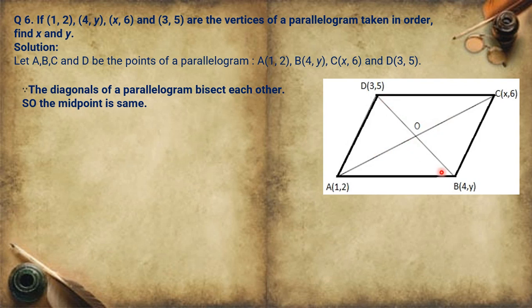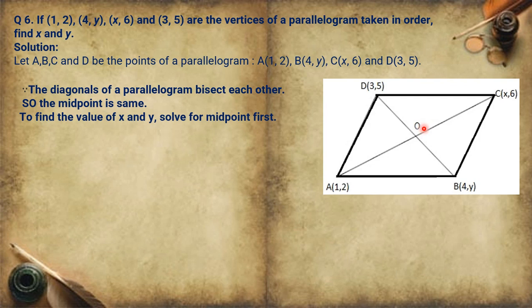Simply we can say the coordinate of the point O is the midpoint of AC as well as the midpoint of the diagonal BD. So for both the diagonals, the coordinate of O is the same.